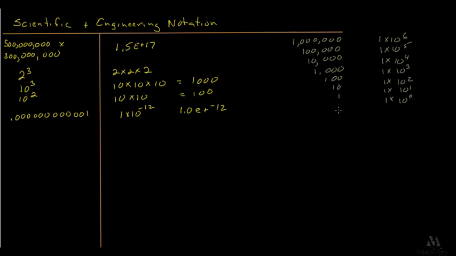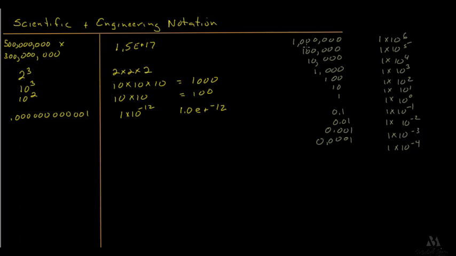What happens if we go negative now? So we got 1. Let's go to 0.1. Well, this is going to be 1 times 10 to the negative 1. 0.01, 1 times 10 to the negative 2. 1 times 10 to the negative 3. And I think you're beginning to see the relationship.